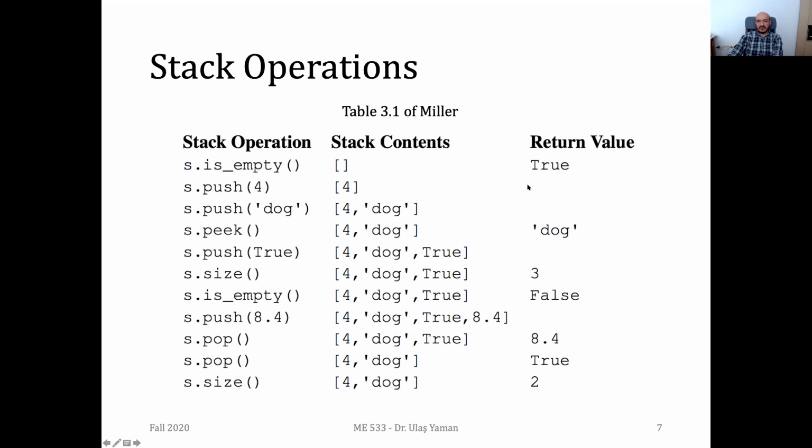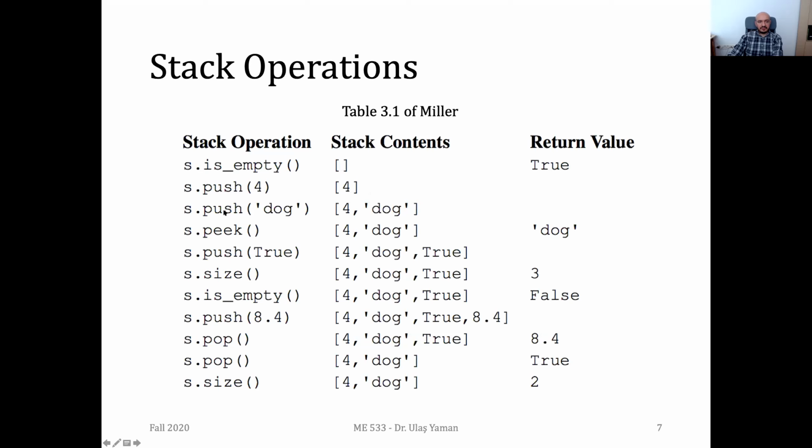And you see that the true value here, since it's empty, but with the second statement, what are we doing? We are putting an item into the stack, which is 4. So now, as you see, the stack content is changed. We have a value of 4 here. It's not returning any value since this is just putting a value inside the stack.